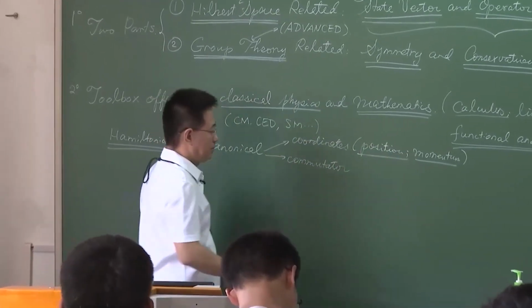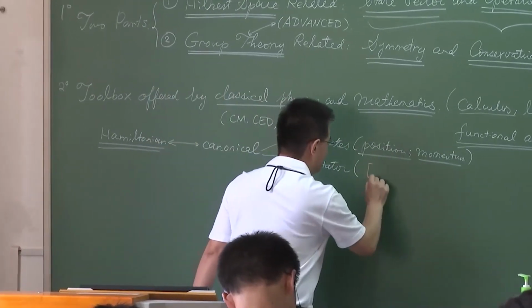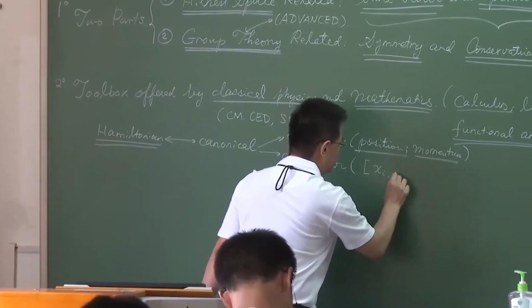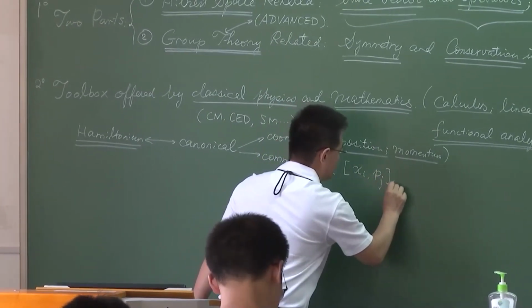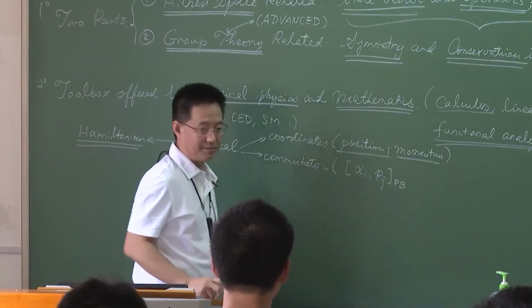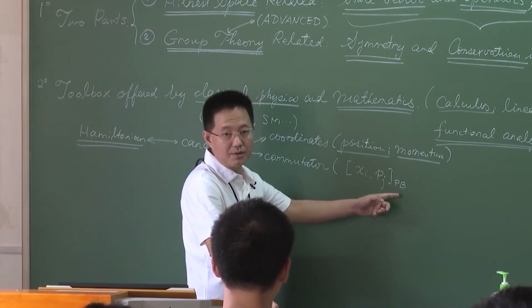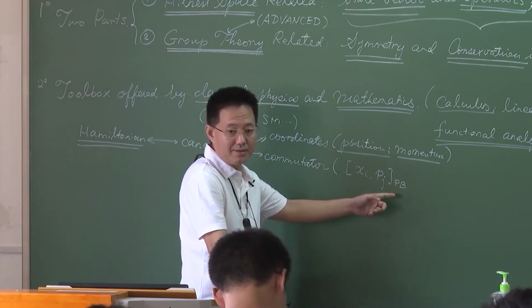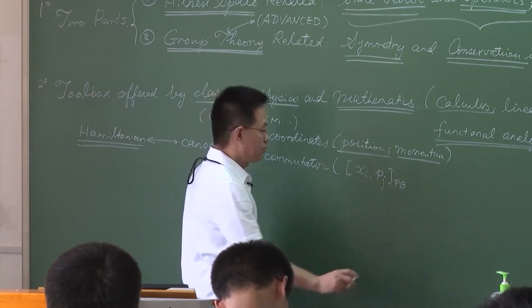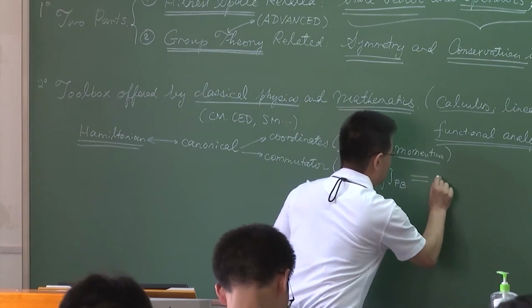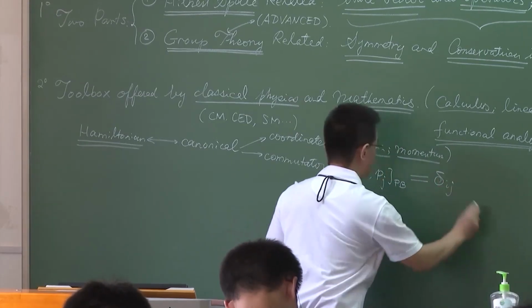Okay, we have already had the xi, pj Poisson bracket. That is called the classical canonical commutator, right? Then this commutator equals δij.